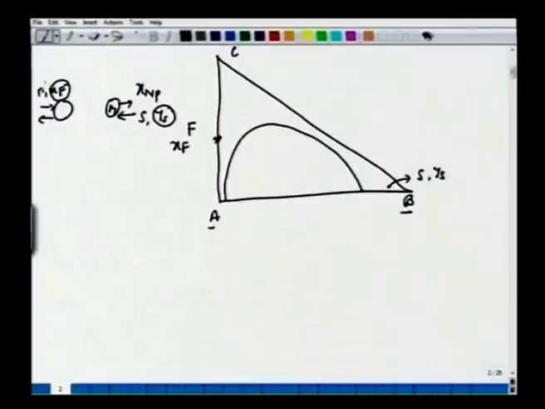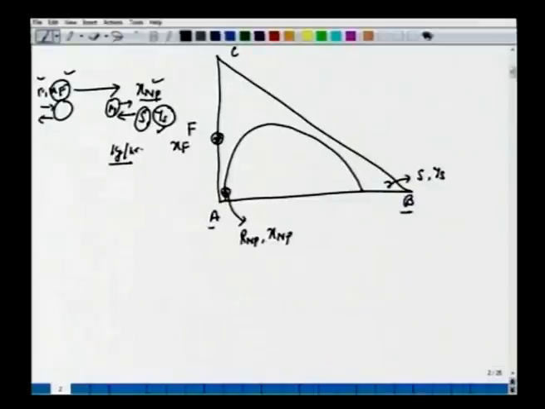So in general, F, XF, XNP and YS are given, and we have been asked to find out how much, in kg per hour, of solvent is required to bring down the level from XF to XNP. So here, corresponding to XNP, a very small amount of solute in the treated raffinate, let's mark this location as RNP with the mole fraction XNP. In general, you will see that most of the time, these three coordinates are fixed here.